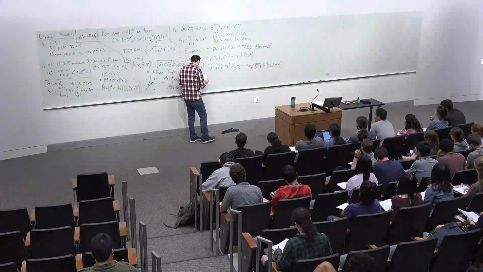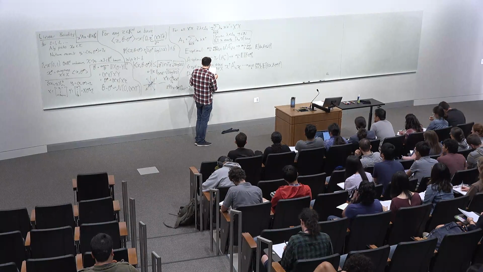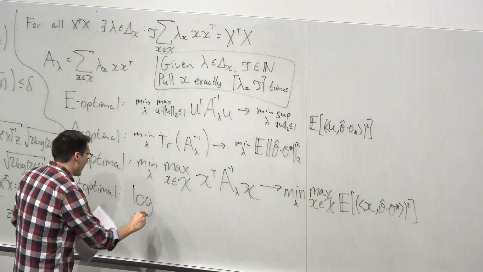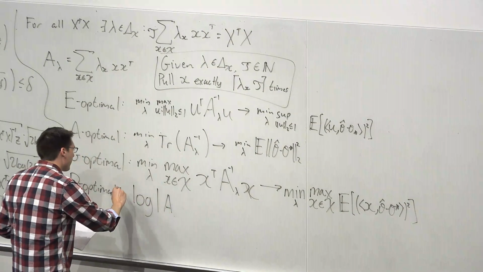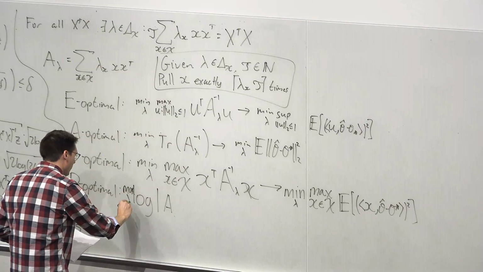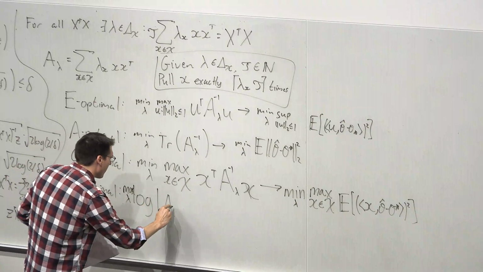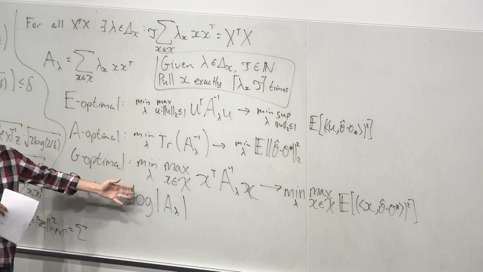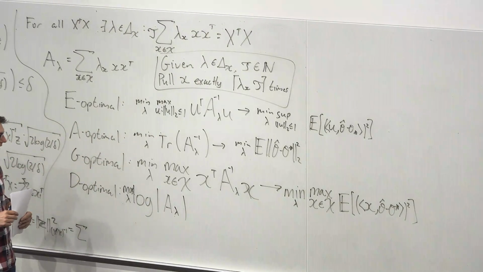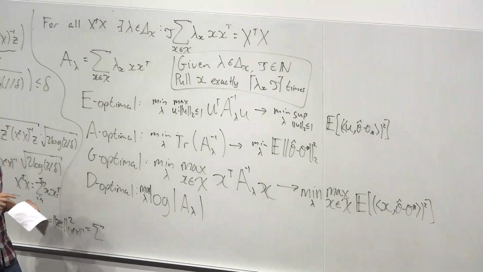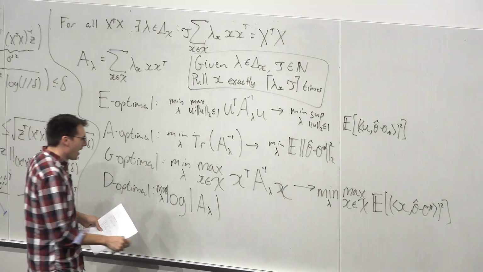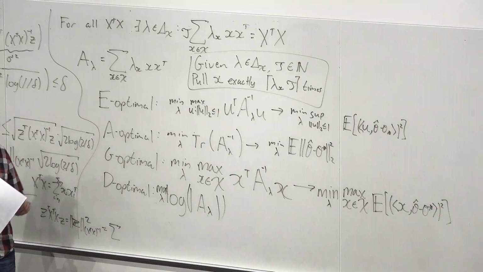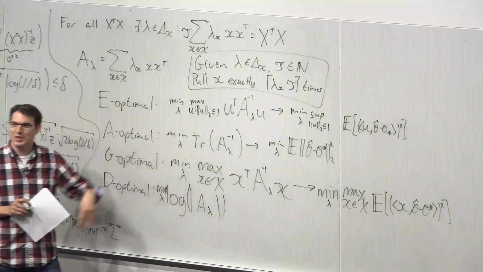The final one I just want to put up here, just for fun, because it's something you've already seen, is the log det. Maximize over lambda. It's the only maximization problem on here. On the other hand, what I could do is minimize over lambda the log det of A of lambda inverse. I'm using this notation of vertical lines to mean determinant in these lectures.